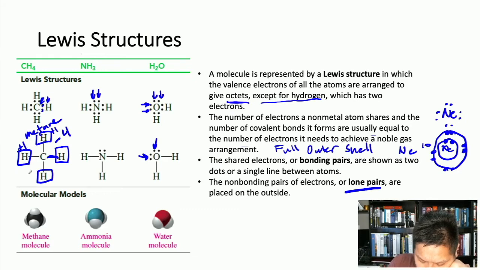So you need 4 hydrogens to balance out 1 carbon, and that's why carbon has 4 bonds to 4 hydrogens there. If you recall, nitrogen is a -3 charge. And same thing with these hydrogens, there's +1 charges all around.